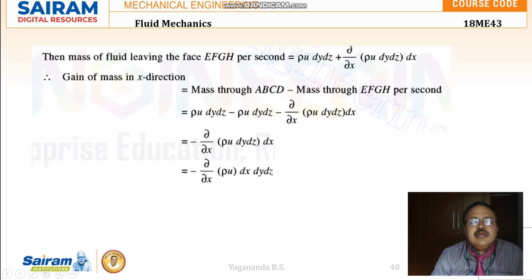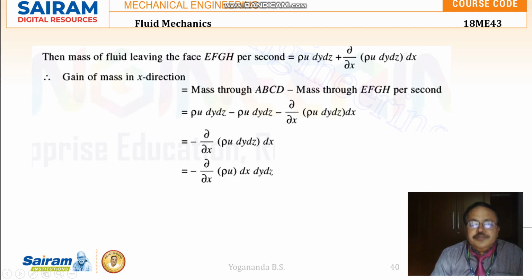That is in x direction. So we have the gain in the mass in x direction, which is the difference of the mass through the face ABCD minus the mass through the face EFGH.